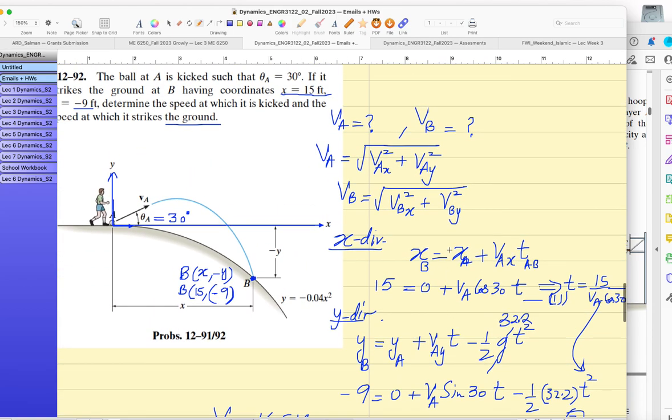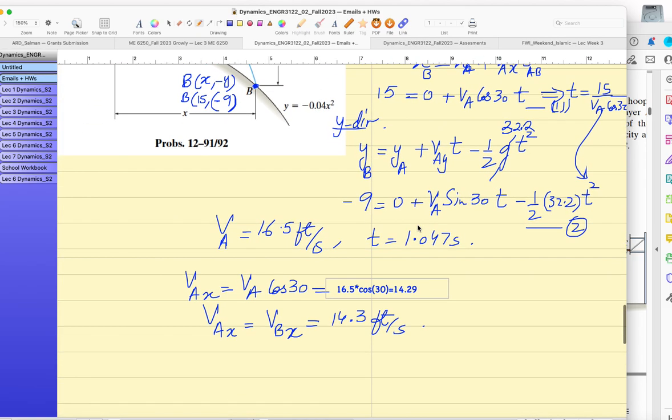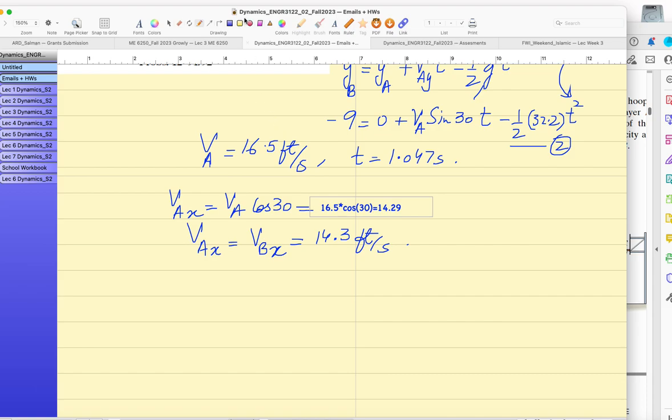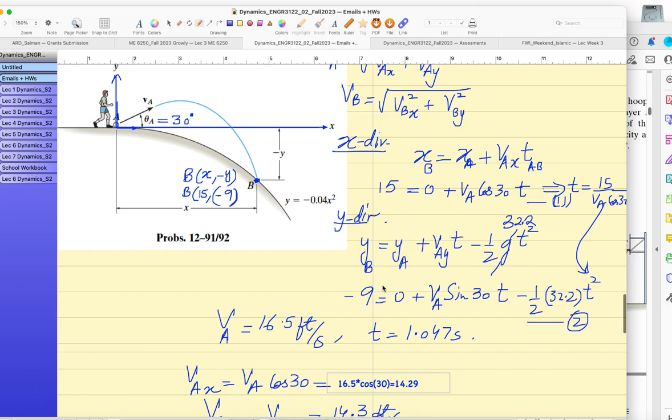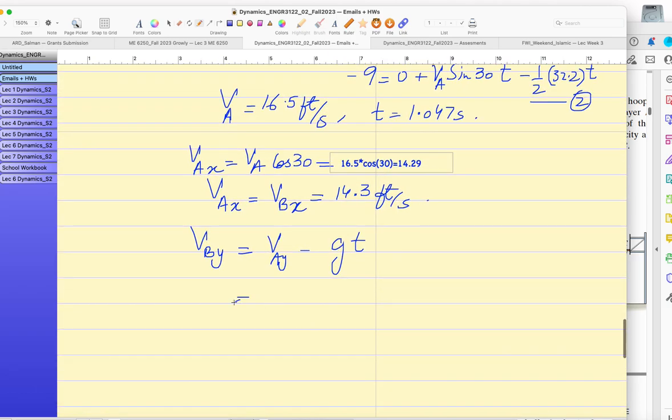Now we are glad that we have found the component VBX. Let's find out VBY from the final velocity formula. That is much easier for me to write down. VBY equals V initial minus GT, where T is already there. So let me plug in everything here. VBY, which is the final velocity at the landing point, equals VAY, which is 16.5 times sine 30, minus 32.2 times 1.047.